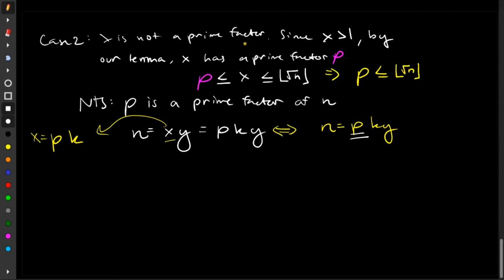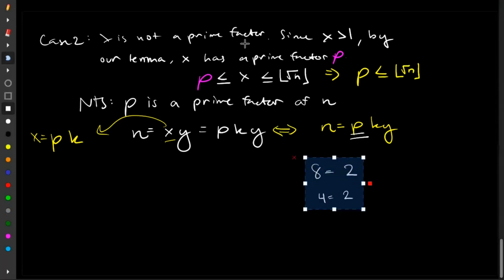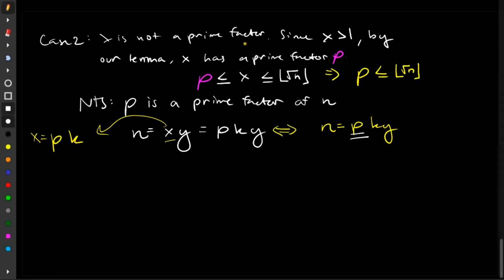Obviously that won't change. Say if we have 8 and it has a prime factor of 2. If we have 4, clearly 2 is still a prime factor. So we know that it does not change whether P is a prime factor or not. So this will always be a prime factor no matter what happens.